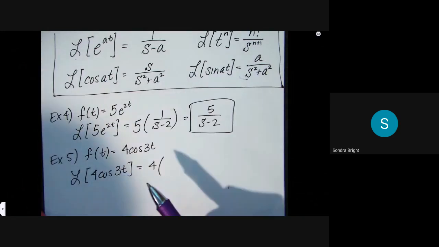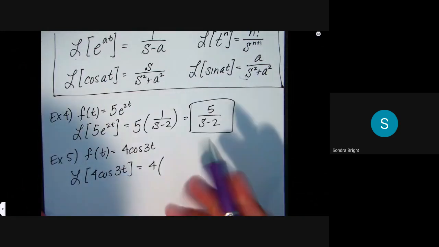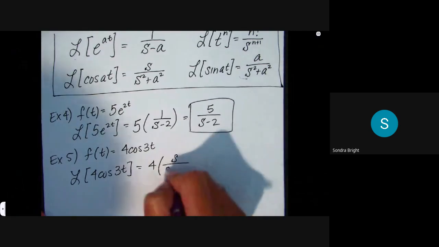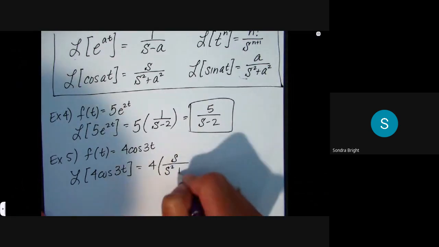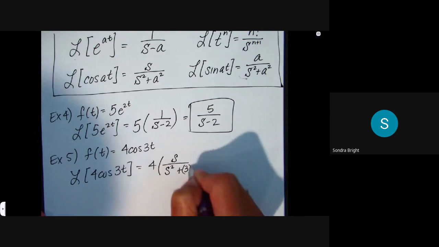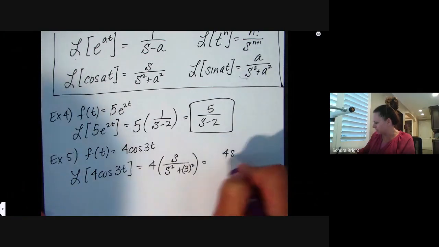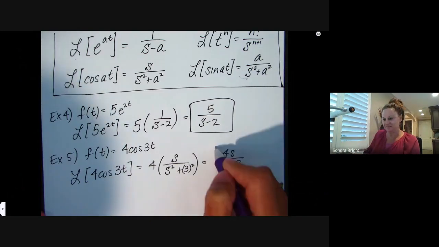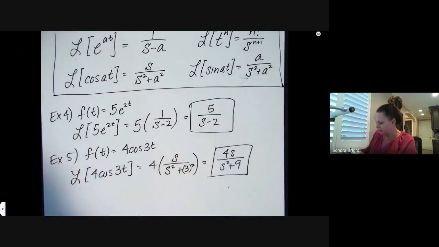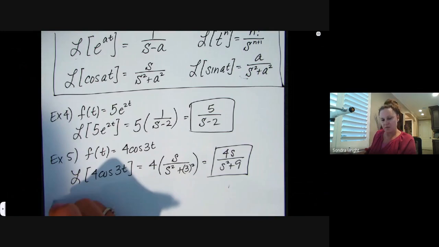So it's s over s squared plus 3 squared. And that'll just give you 4s over s squared plus 9. Like that. All right.